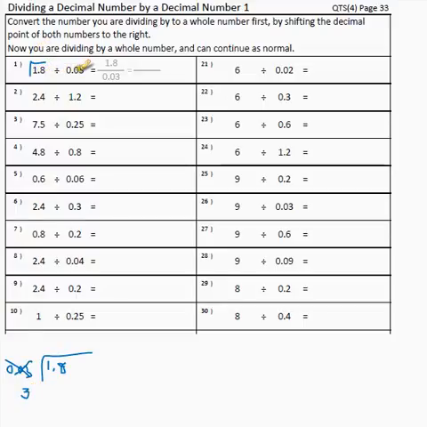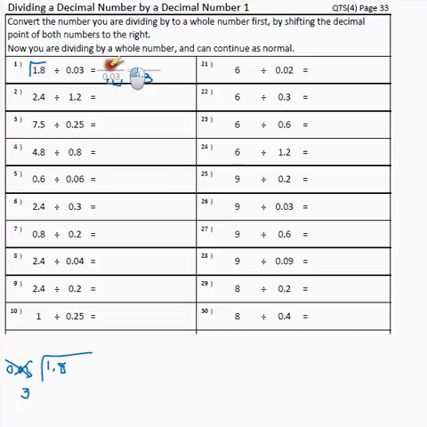Okay, and now we're going to think, how can we make a 3? 1.8 divide by 0.03. We can write that as a line division, and then you can see it as a fraction. And now we can work out an equivalent fraction. How can we make that a 3? We can make it a 3 by timesing by 100, in other words, moving the point 2 spaces.